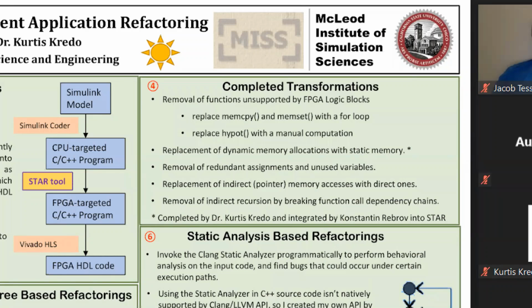Another refactoring was replacement of all dynamic memory allocations with static memory, because FPGAs do not have a heap. They cannot use dynamic memory. They can only use static memory, because static memory gets transformed into logic gates of an actual circuit inside the FPGA.